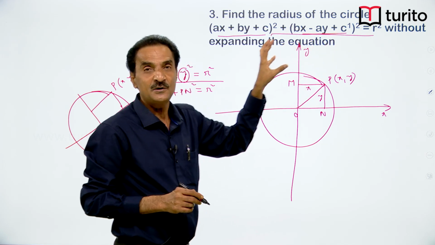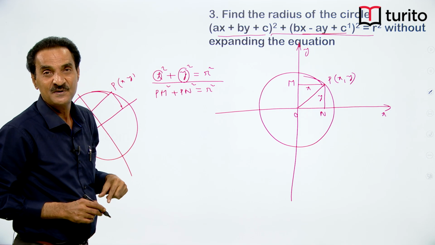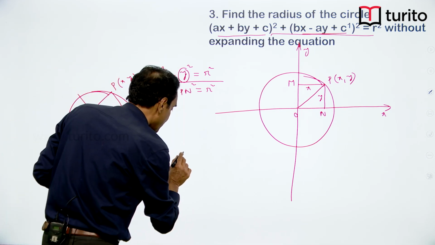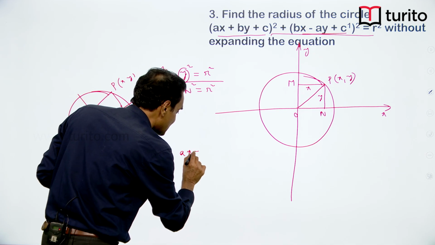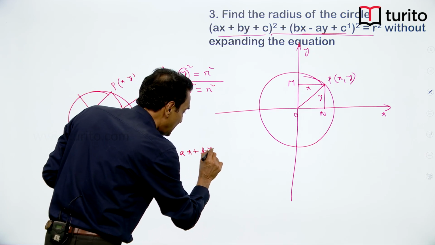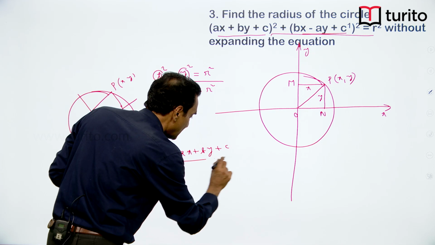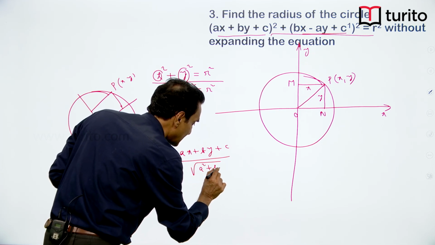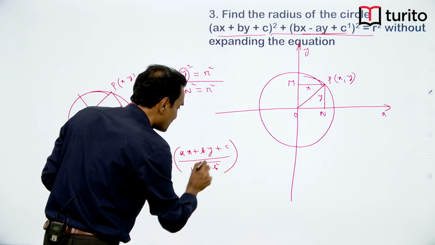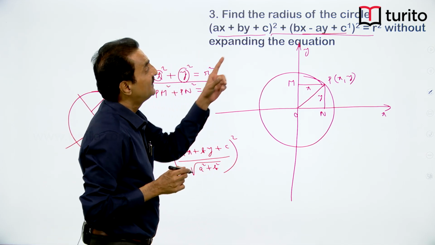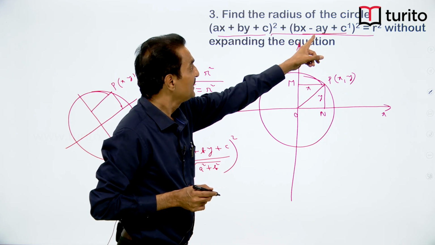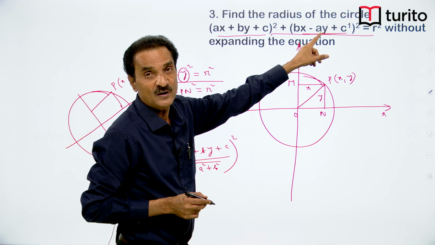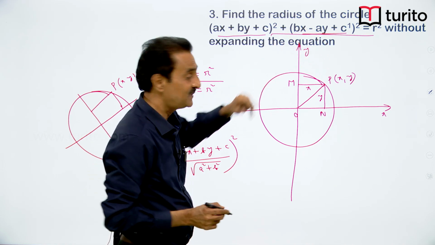So, in order to put it in the form of Pm square plus Pn square is equal to r square, I will write the equation as (ax plus by plus c by root a square plus b square) whole square, and similarly here also we need to divide by root over a square plus b square.